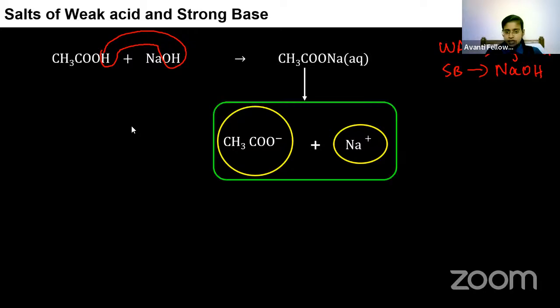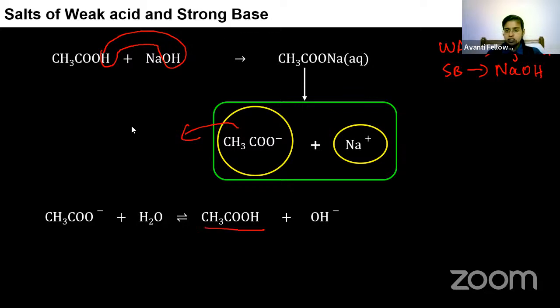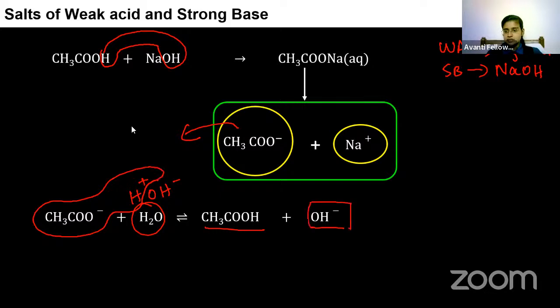So if I take this acetate ion and treat it with water, it will be in equilibrium with acetic acid and OH minus. So how do I get these two species? The water molecule has H plus and OH minus. So acetate ion will take the H plus and the remaining OH minus will be present here. So the first molecule remains unionized.